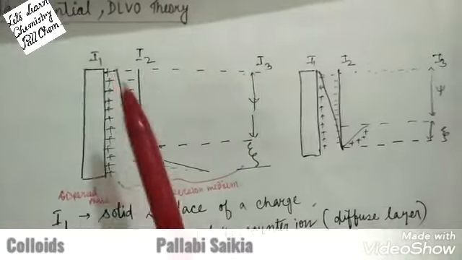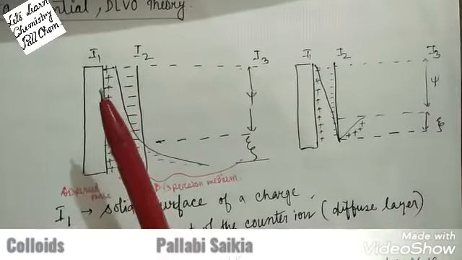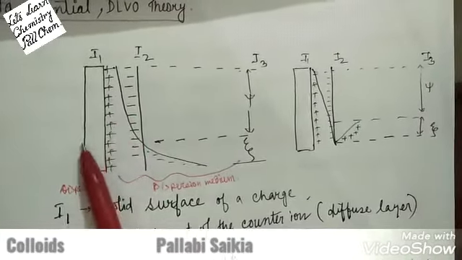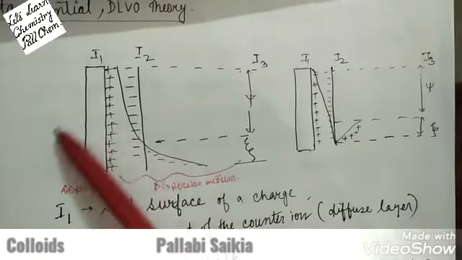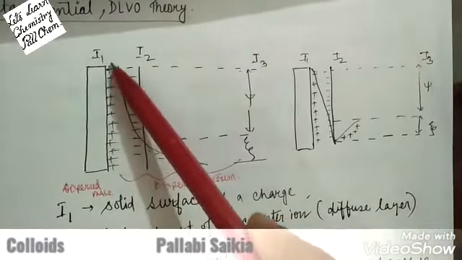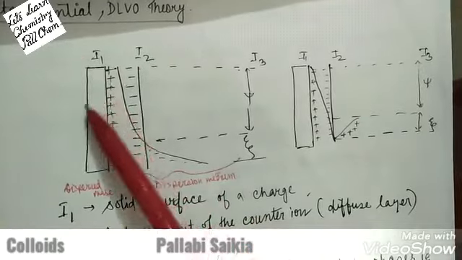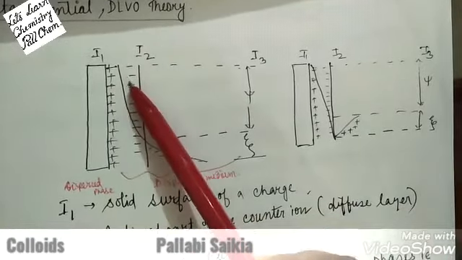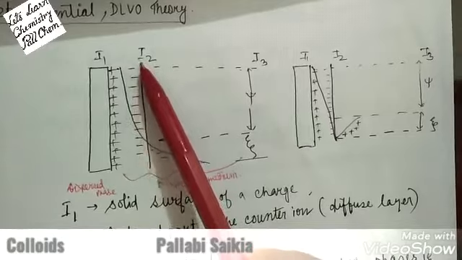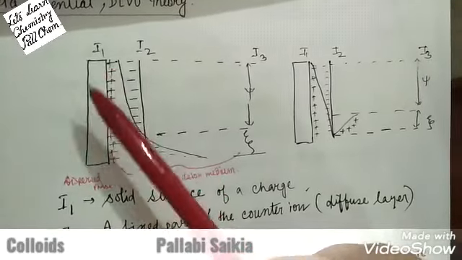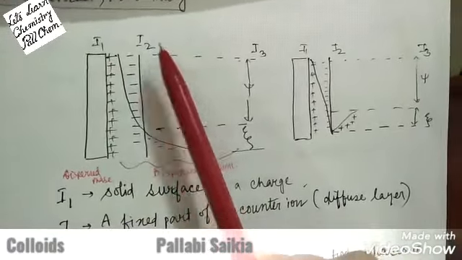The electrical double layer is observed when, at the interface of the two phases, the preferential absorption of one ion results in the preferential absorption of the counter ion at the interface of the colloidal particles.